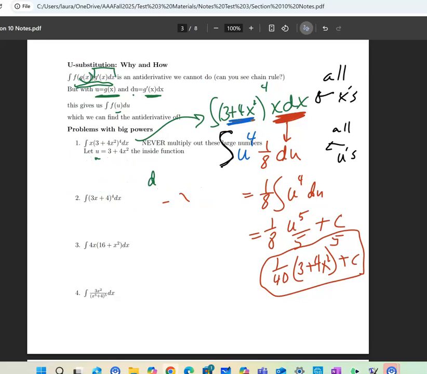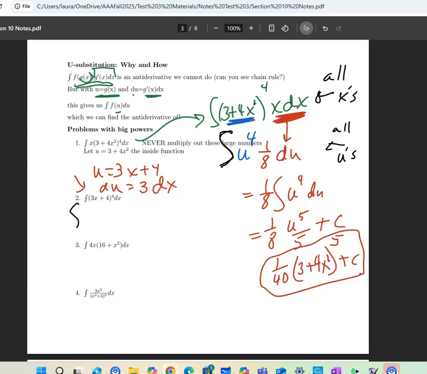So I've got this, again, never multiply these big powers out. So I'd say, okay, this one here, I'd let u equal 3x plus 4. And then the du over dx, but I'm always going to multiply by the dx. So 3 is du over dx, then du is 3 dx.